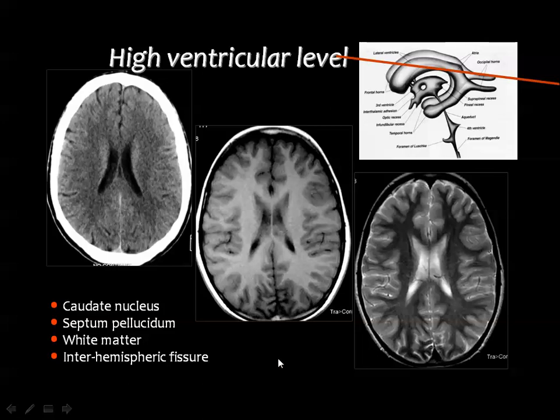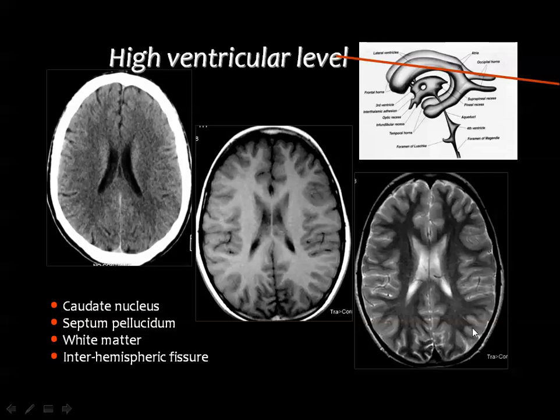And you know that the white matter appears the opposite of its name in the CT and MRI T2 weighted images. The white matter will appear a little bit dark, as you can see here, and the gray matter will appear somewhat bright in the CT and MRI T2 weighted image.